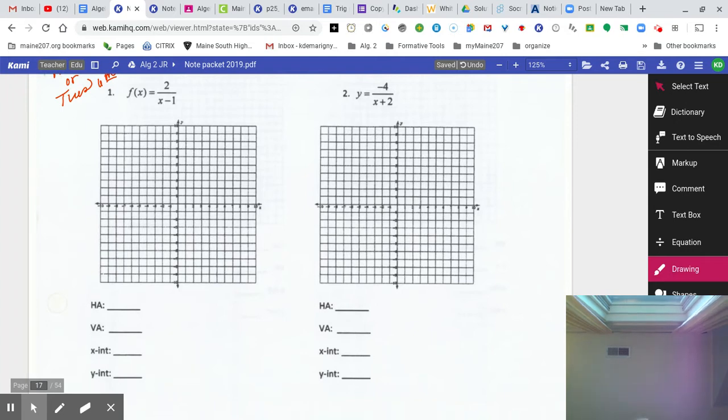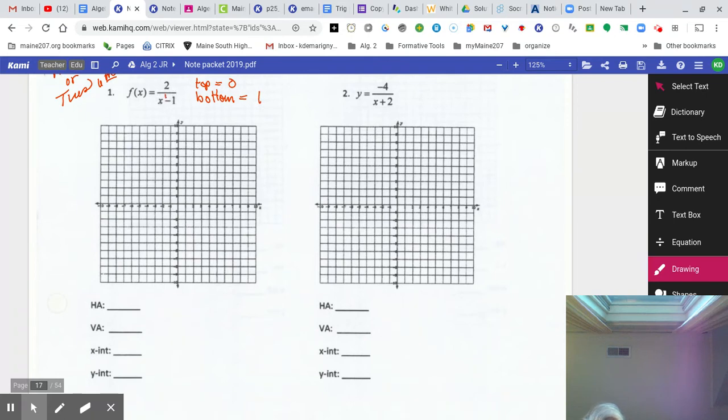So if you're using your graphing calculator, you do have to know how to find the horizontal, vertical, x and y intercepts. Your calculator is not very good at showing you those things. So at any rate, horizontal asymptote is going to come from analyzing top degree versus bottom degree. So your top degree is equal to 0 and your bottom degree is equal to 1.